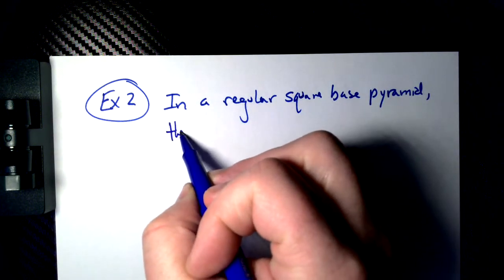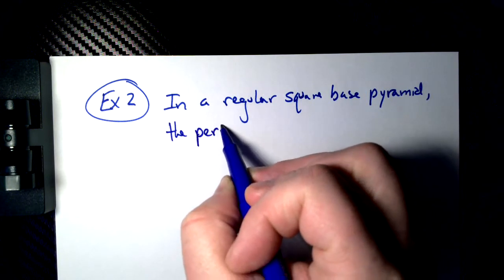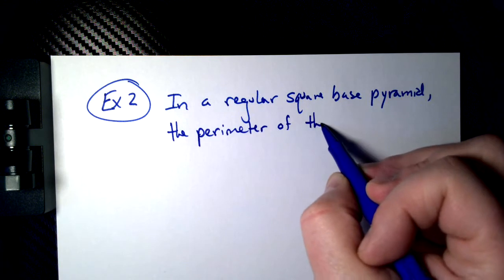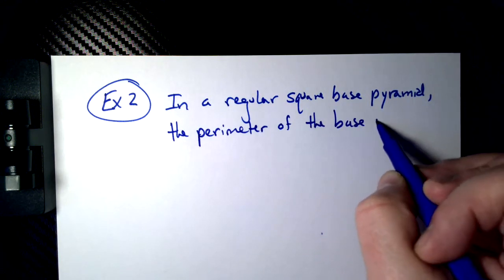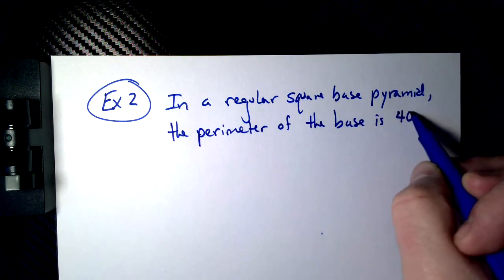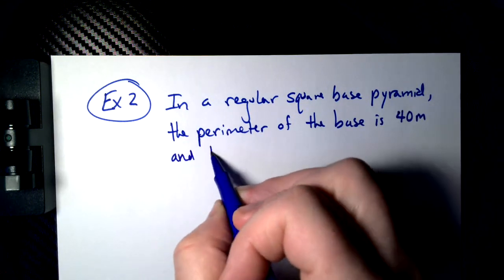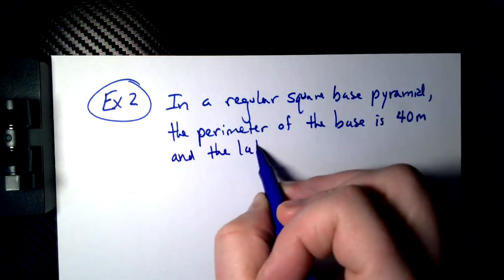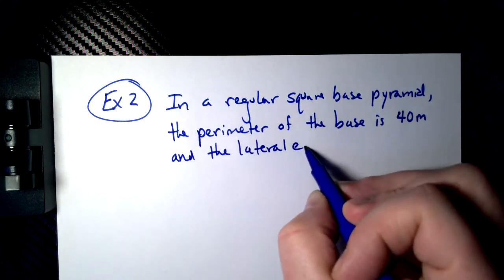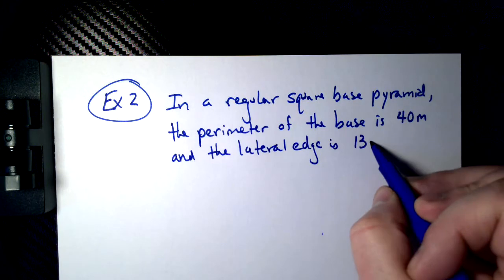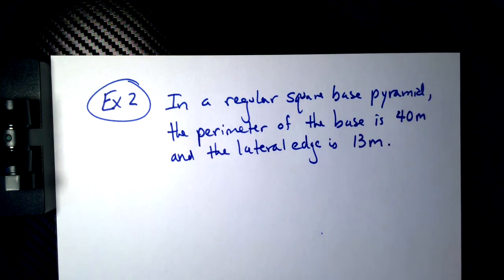The perimeter of the base is 40 meters and the lateral edge is 13 meters.